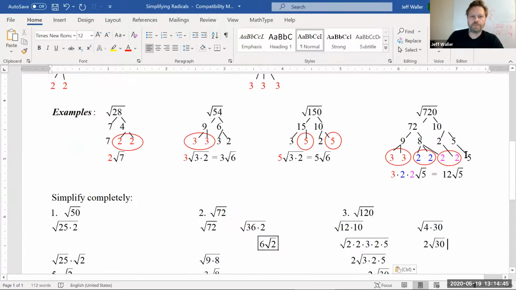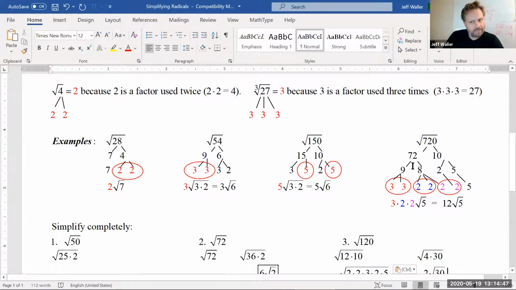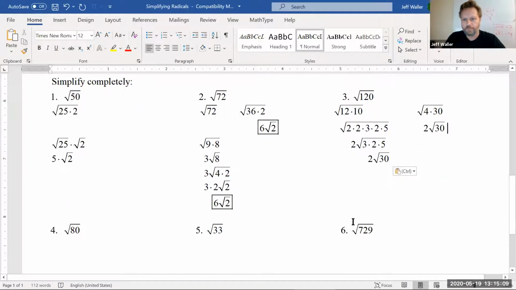But the second method, people kind of like it because they can just break things all the way down, and then you find, see here how I found 2 3s, so I put 1 3, 2 2s, so I put 1 2, 2 more 2s, so I put another 2, and then the 5 is left inside. I mean, that method is fine. There's nothing wrong with it. It's just easy to make silly mistakes with that method. But I'm not going to not accept it if you do it that way.